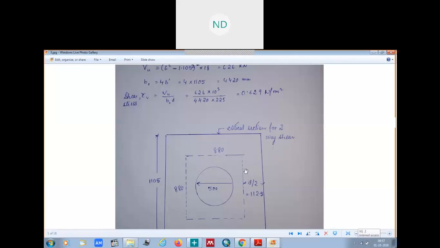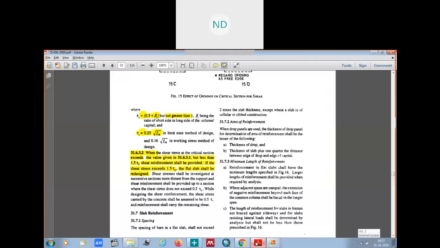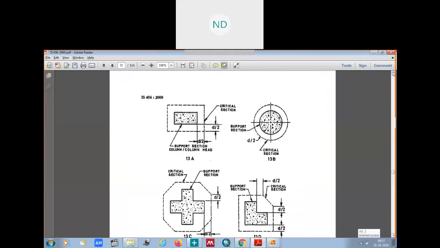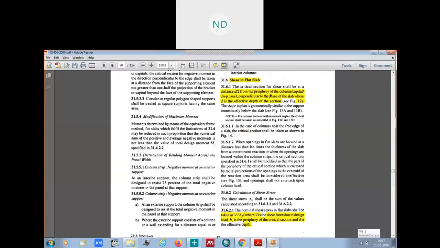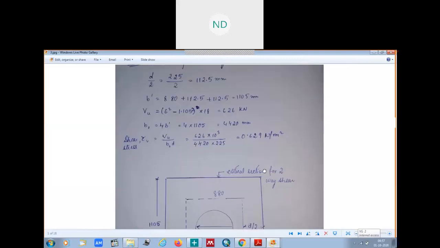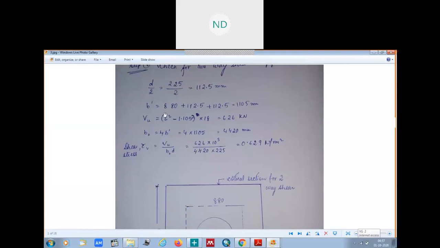So we will calculate from here the critical section for the shear, which is d by 2, from IS code page 57, as I just showed you. The critical section is at a distance d by 2 from the periphery of the column or capital head. So this d by 2 is 112.5 on each side. Once you know this, you can calculate your V naught.